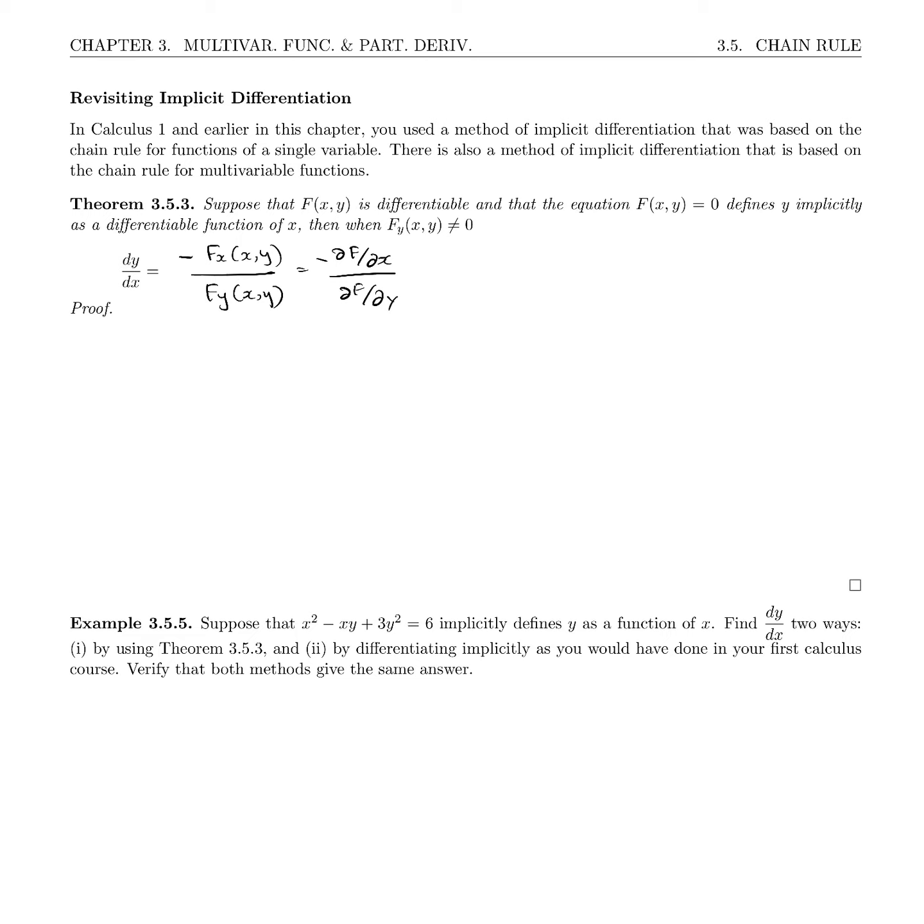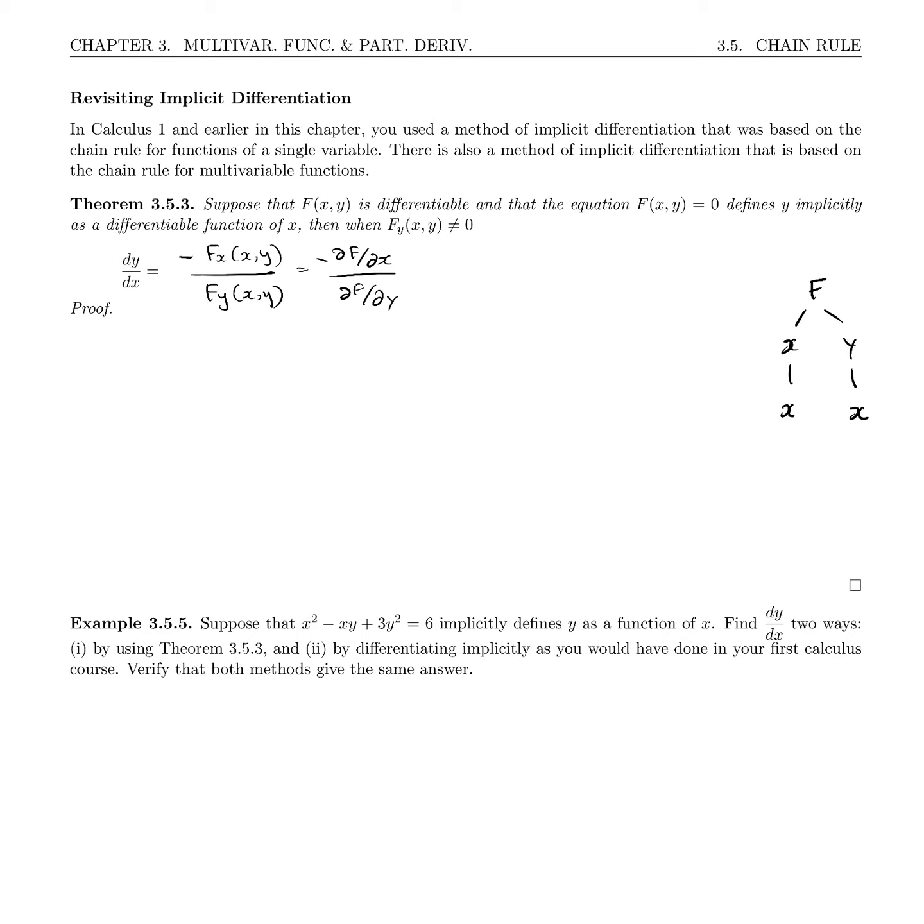Proof. So if we have f as our function, which depends on x and y, if y is defined implicitly as a function of x, we have another function level here, and for completeness we can draw x going down as well.